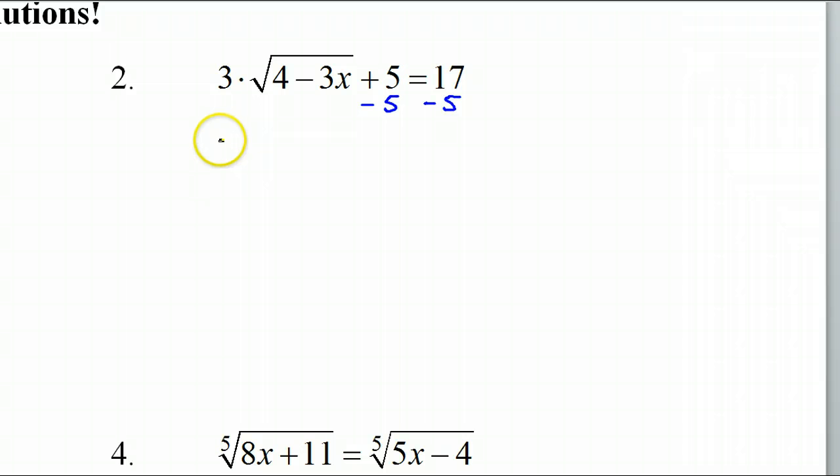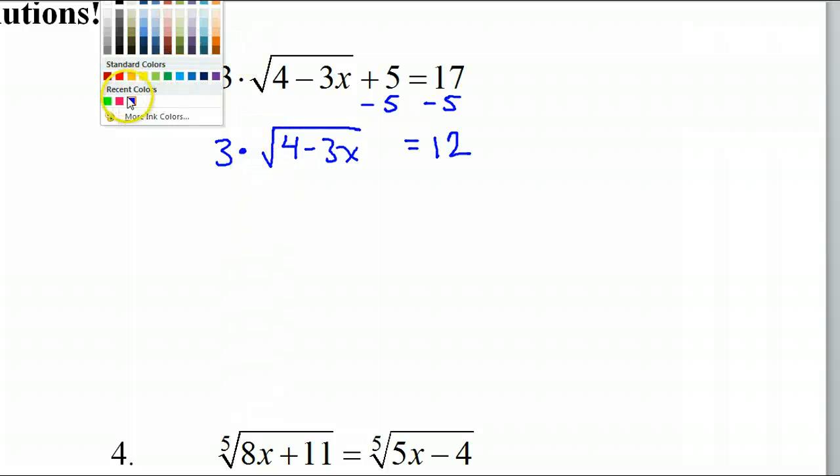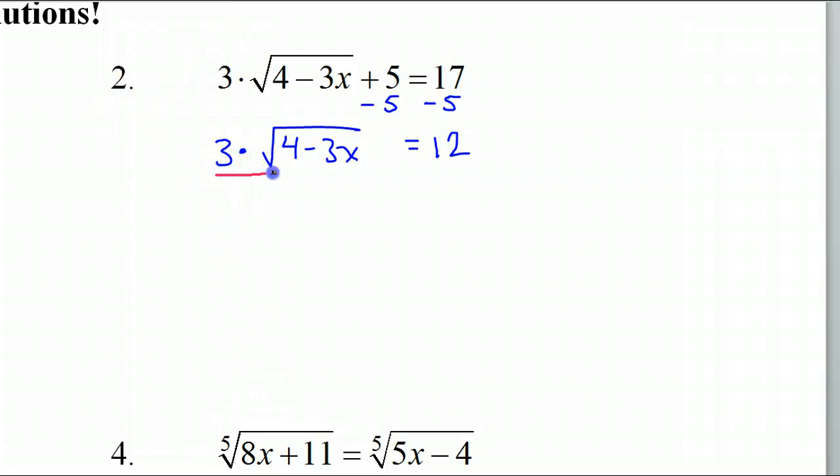Alright, so that is going to leave me with 3 times the radical 4 minus 3x. Alright, 17 minus 5, so that's 12. Now this 3 is multiplying, so to get rid of it, I'm going to have to divide.